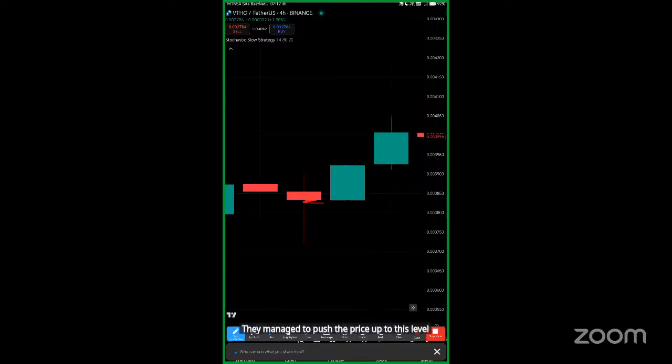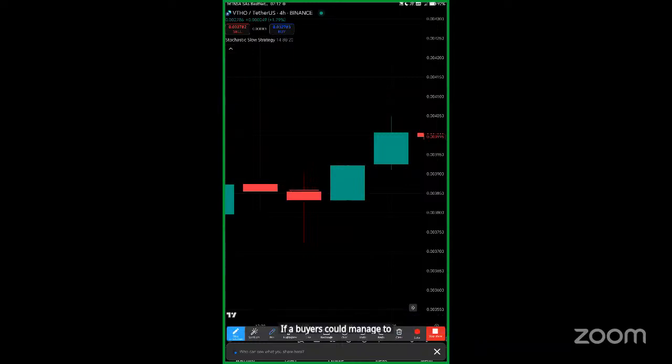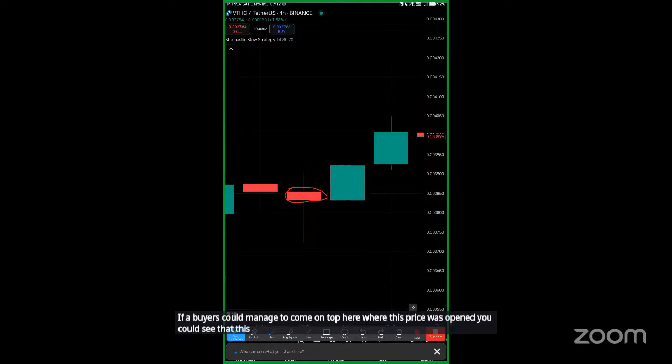That's why this candle is still red, because sellers dominated in this candle. If buyers could manage to come on top here, where the price opened, this candle could become green. But buyers could not surpass the opening price.